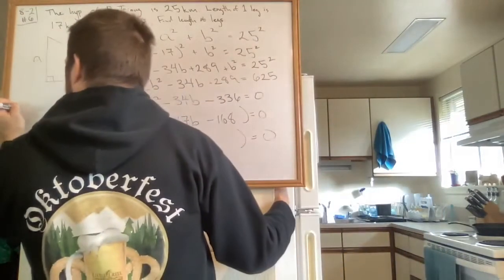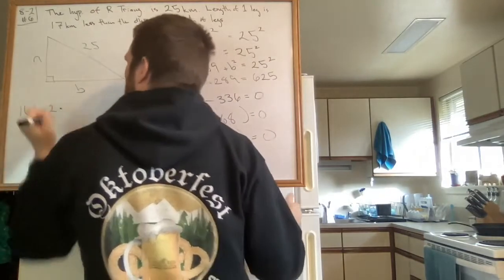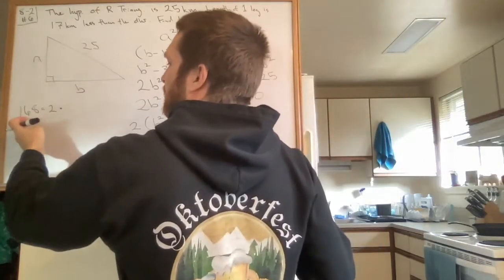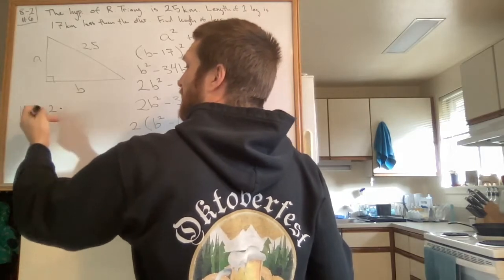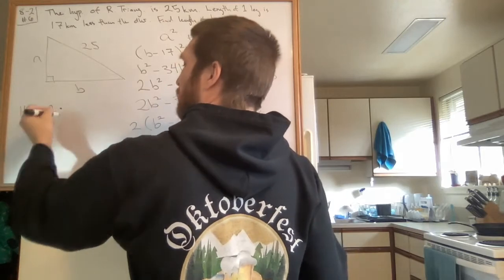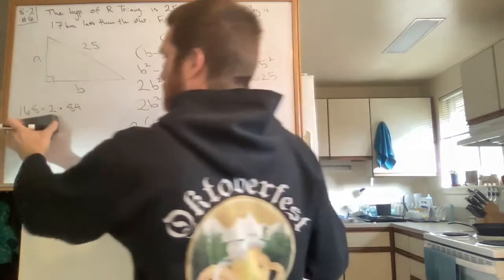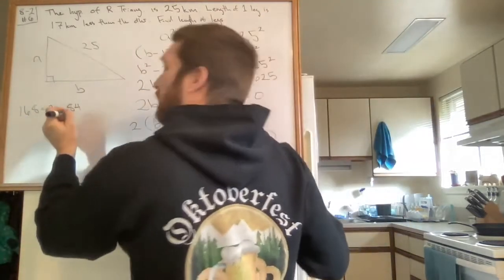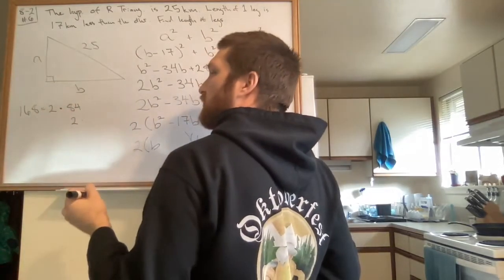These are pretty big numbers. 168 is equal to 2 times, half of that would be 84. Let's see, 2 times 84 is 168. Yep, that works. So 84 is 2 times 42.